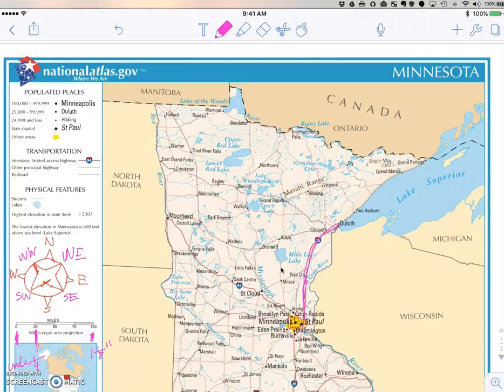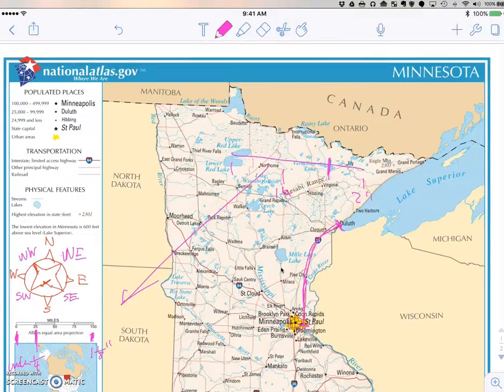Well, that road isn't perfectly straight. So what you would actually do is take a string and lay it down here and here and mark the ends of the string. Then you would take the string and straighten it out, put it on a ruler, 1 inch, 2 inches, and then figure out where it falls on the ruler and then compare that to the scale. So that's how we use scale, and that's how we use a compass rose on a map.